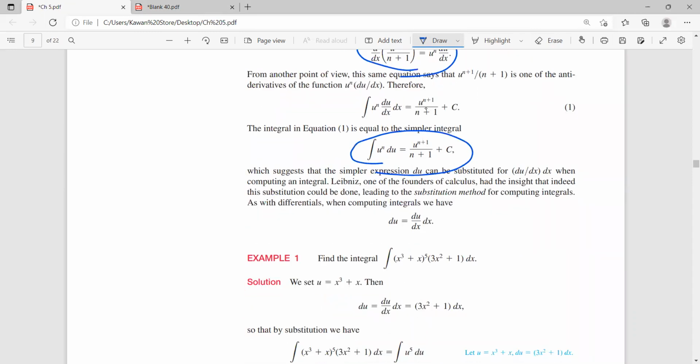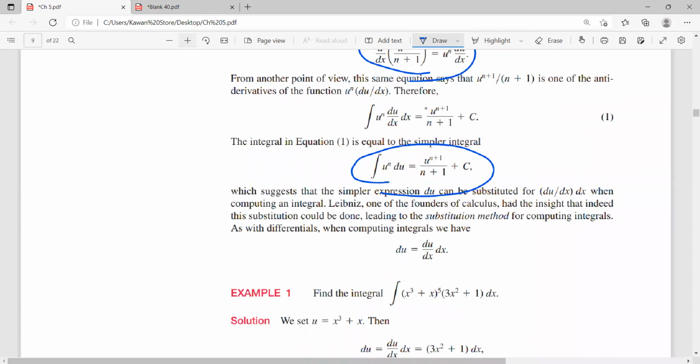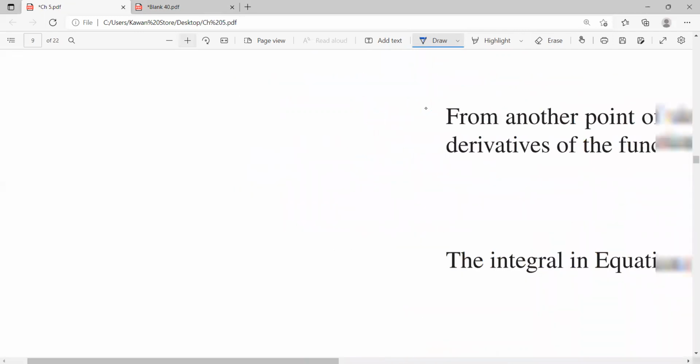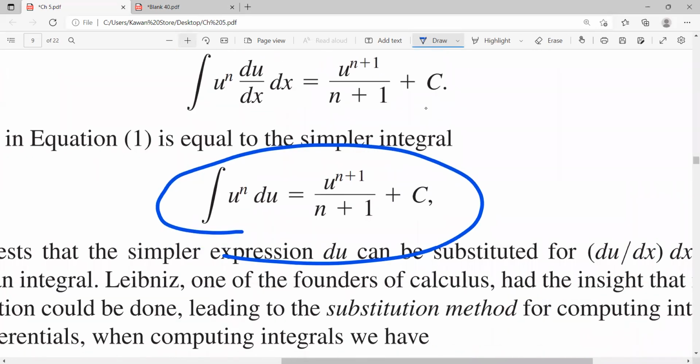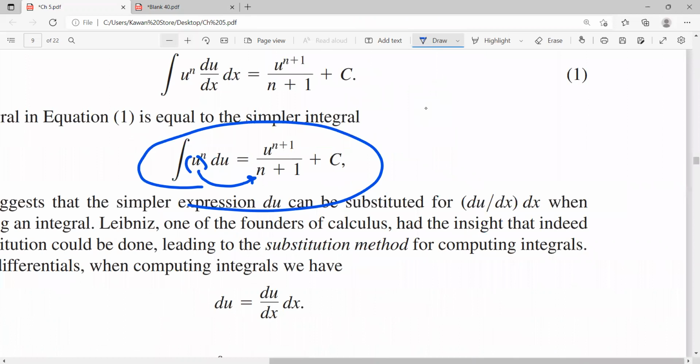Can you imagine it's easy for you? Why do I say it's easy for you? Because I gave you many examples. I say x, sine, and anything. So if you have u here and du outside, we can play with it. Understood?